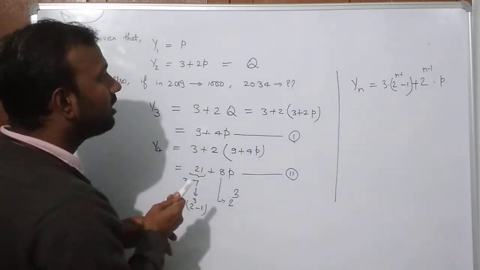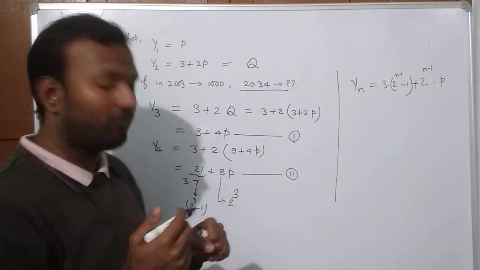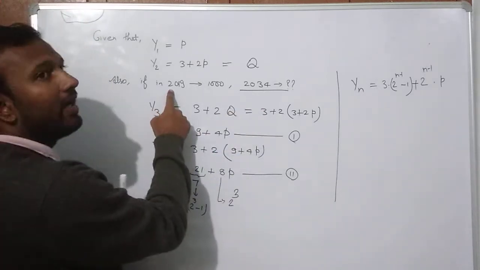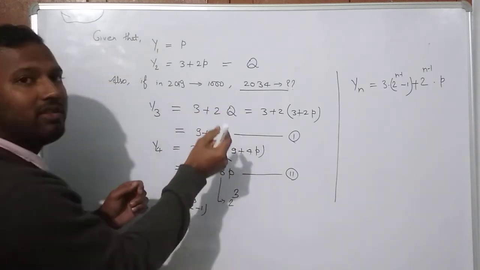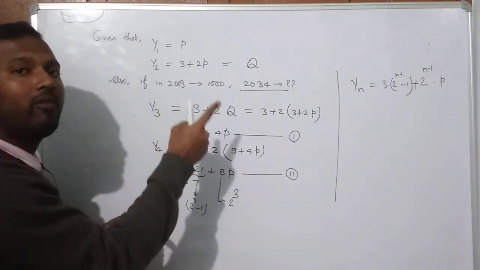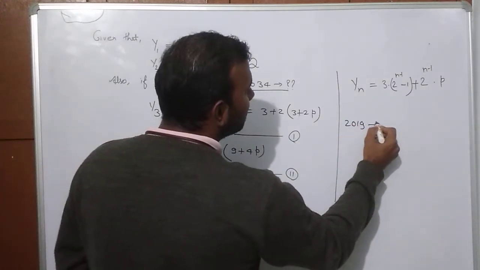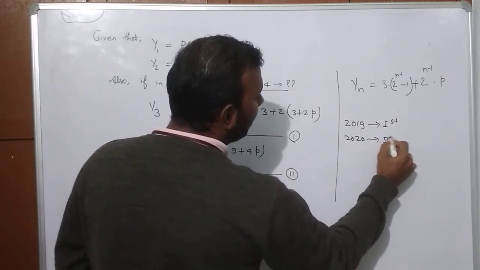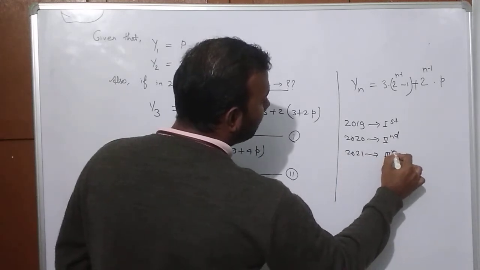And what they have asked us is the population in the beginning of 2034. If you observe the gaps in the years: 2019 is the first year, 2020 is the second year, 2021 is the third year.